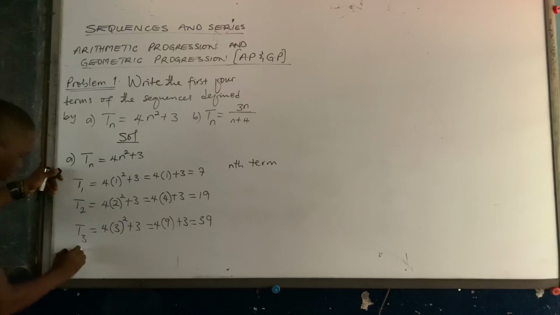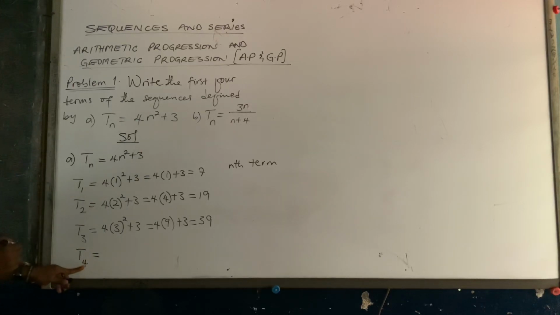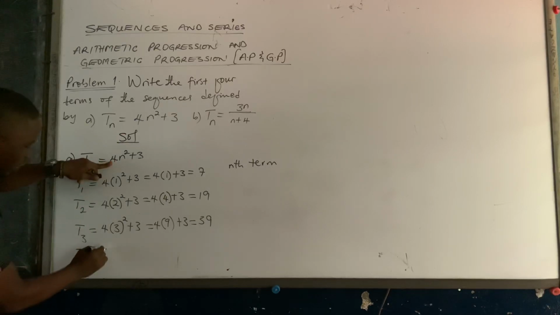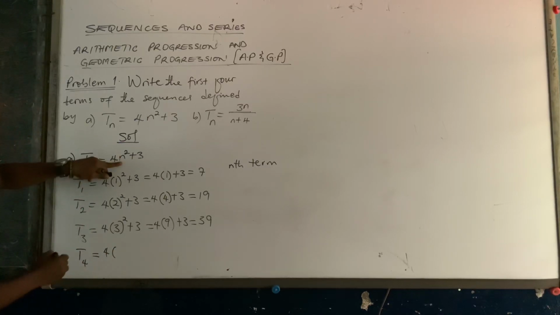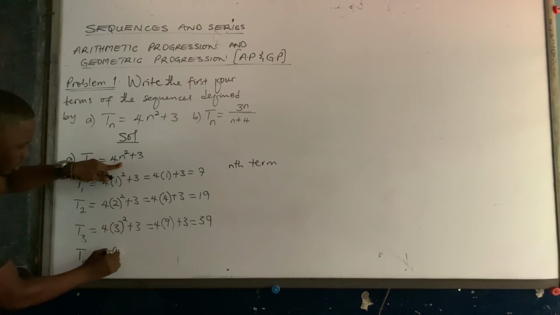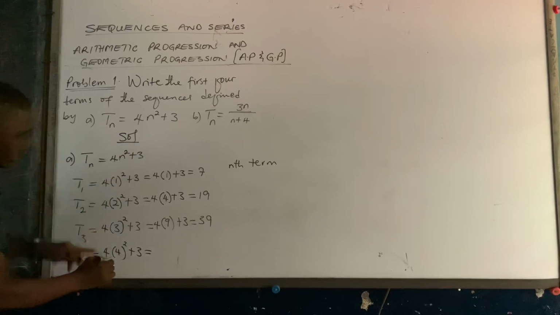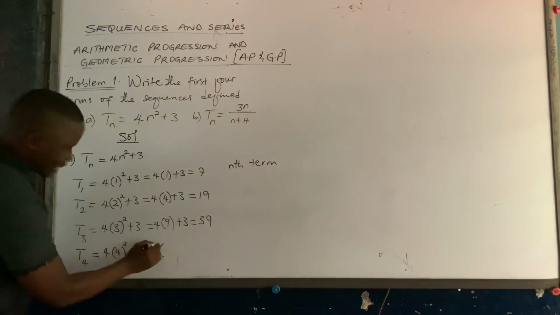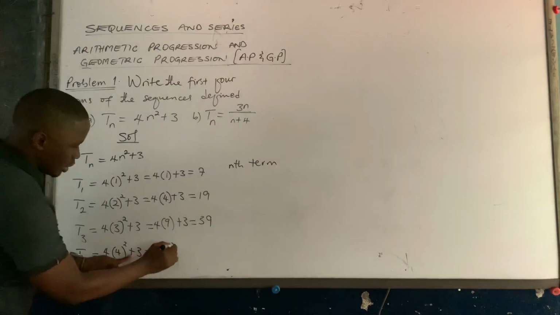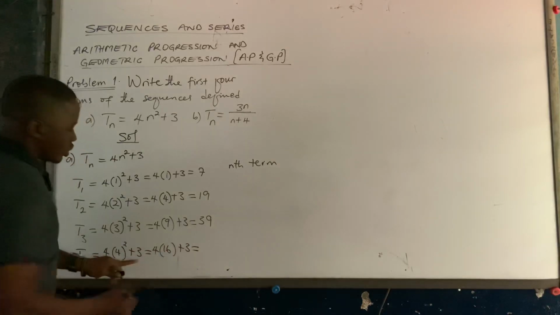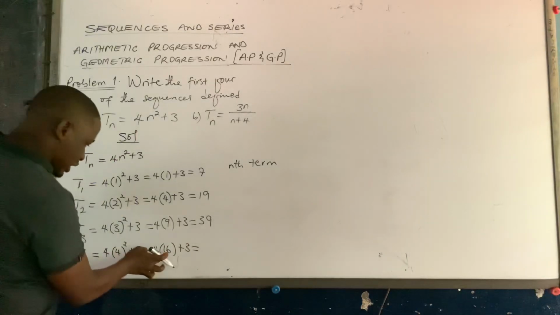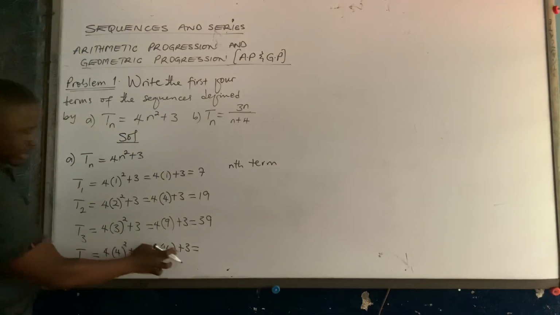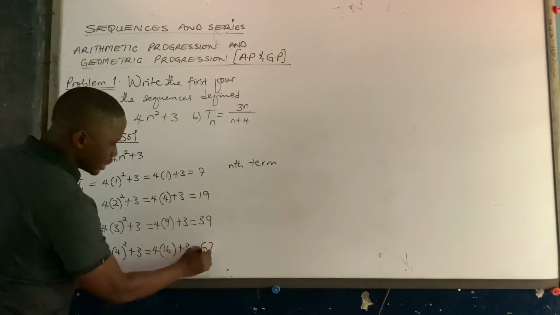We go to the fourth term. This time around, 4 replaces n. So we say 4 multiplied by n, and n is 4. There is a square, then plus 3. So 4 multiplied by 4 squared, which is 16, then plus 3. 4 multiplied by 16 is 64. 64 plus 3 is 67.